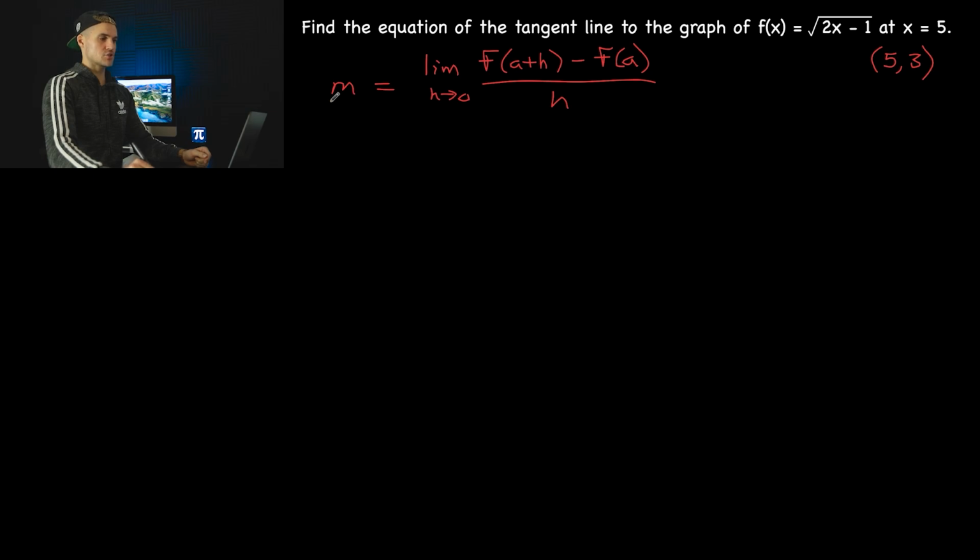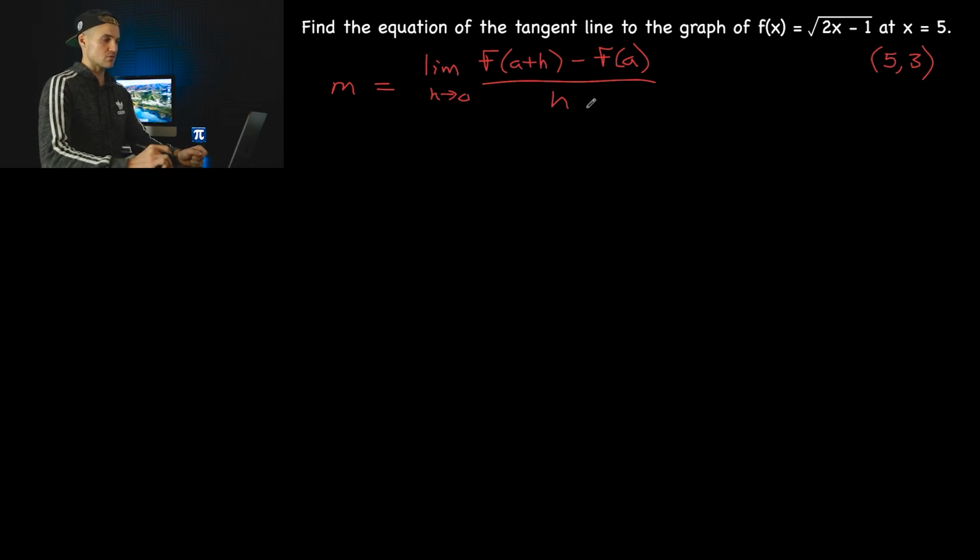Now, there's two different ways, if you remember from the lecture videos as well, to find the slope. We could first find the general expression for the slope of the tangent with this a value, so not plugging in that x value of 5 yet. Then at the end, we can plug in that x value of 5, the actual slope of the tangent at the exact point that we want.